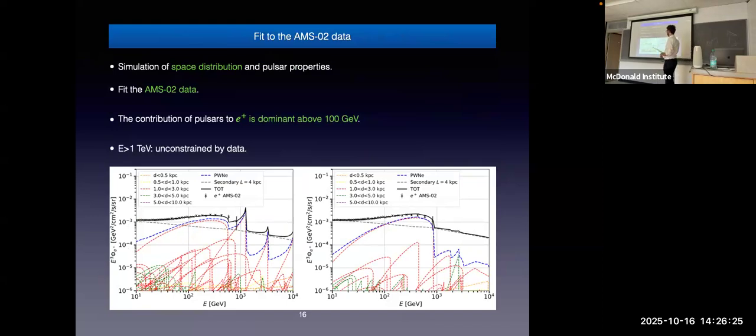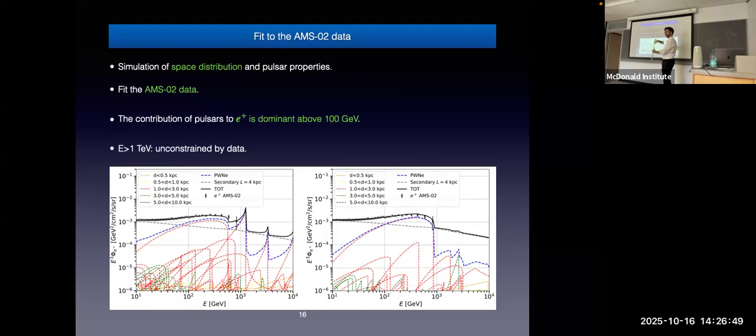It's a combination of the spectral index of the injection spectrum and the age as well. Here, what was happening is that the pulsar has a very hard spectrum, but it encounters the maximum energy that you can have due to its age.